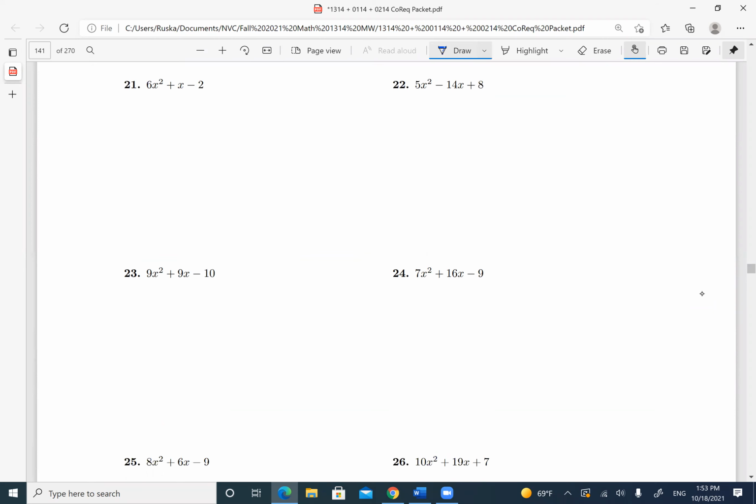Because the quadratic equation usually has the form ax squared plus bx plus c. That's the quadratic form. And a and c are numbers. That means a is not 1, a is something. So with the AC method, you're multiplying a and c. You're multiplying those two numbers. That's why it's called the AC method.